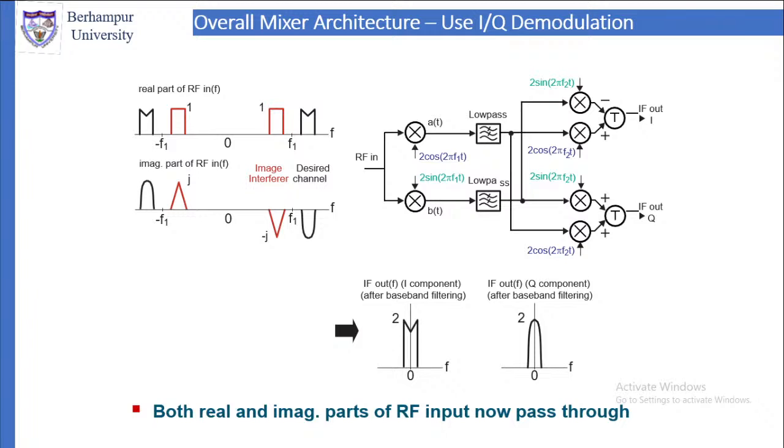So irrespective of whether RF is real or imaginary: if RF is real, the real part will be there and the imaginary part will be filtered out, will be 0. If it is imaginary, the imaginary part will be there and the real part will be 0. That is possible using this circuit. So both the real and imaginary parts of the RF output will now pass through.